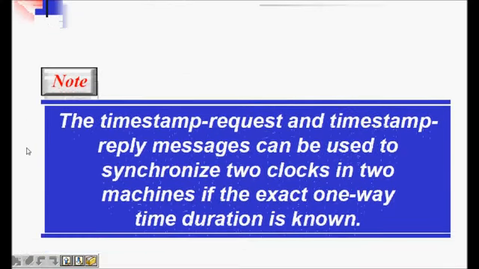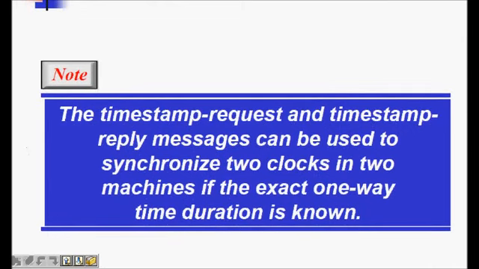The timestamp request and timestamp reply messages can be used to synchronize two clocks in two machines if the exact one-way time duration is known. So it can do another thing. If I know the transit time, how much I take, then I can synchronize my clock.